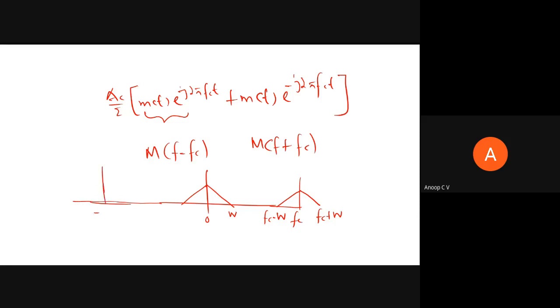So it will be centered at minus fc, again symmetric about minus fc, spanning from minus fc minus W to minus fc plus W.